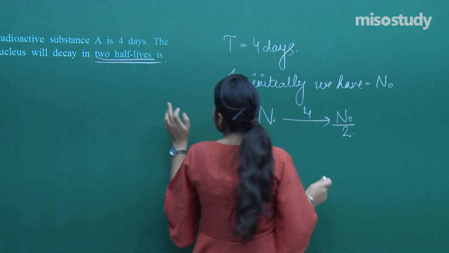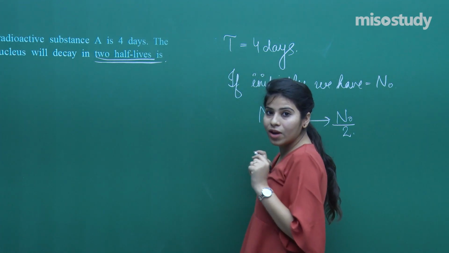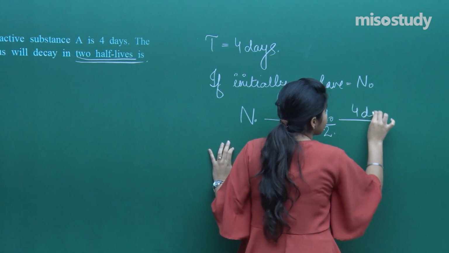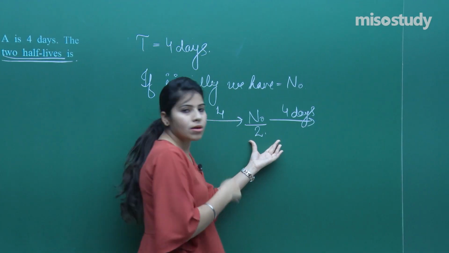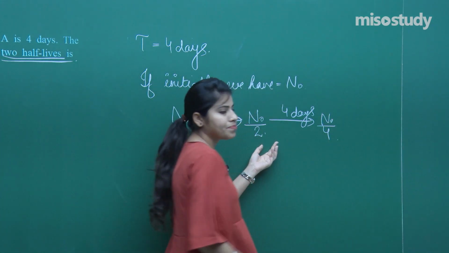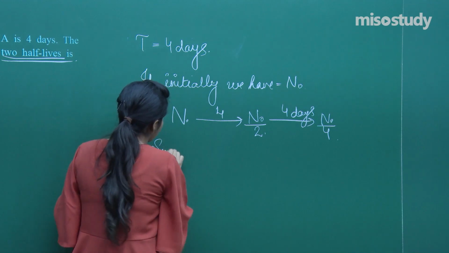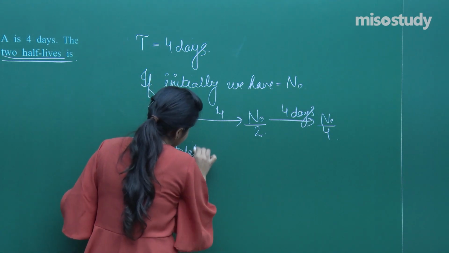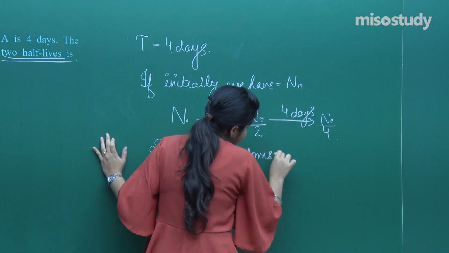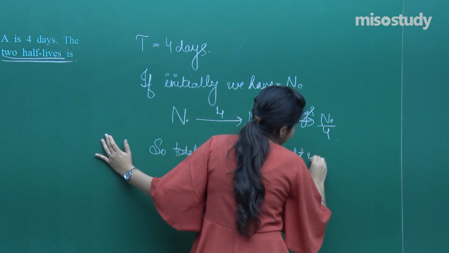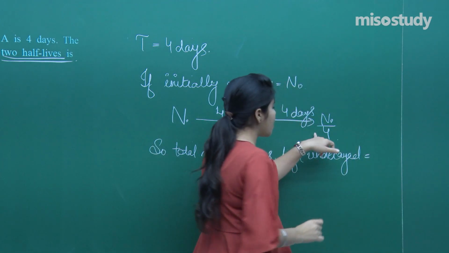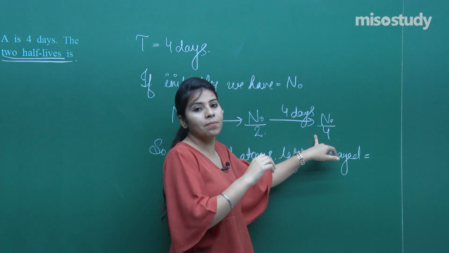Now again, because in the question we have been given 2 half-lives, the second half-life will be what? Again after 4 days it will become half of this. So it will become n-naught by 4. So your total number of atoms that are left undecayed is 1/4 of the original number of atoms.